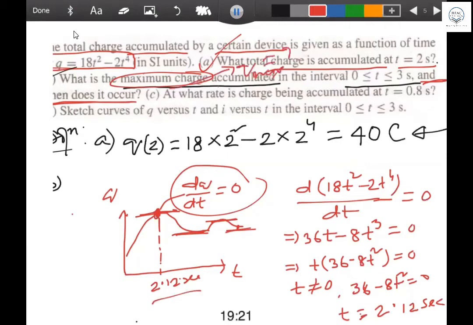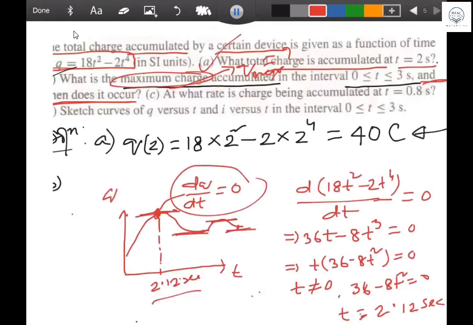40.5. Yeah, that Q max you have to find, right? Good. How can you find it? Let's go to the next page.